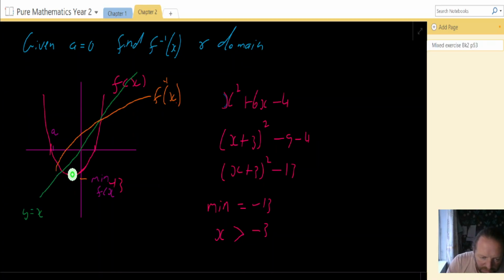So it's from minus 3 here onwards. They are meant to be mirror images of each other.